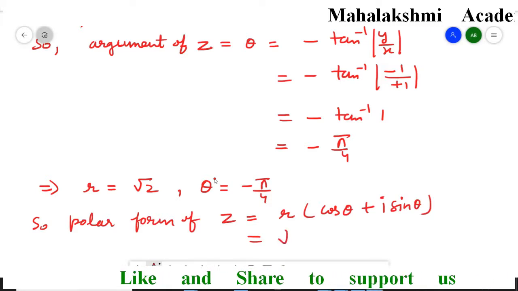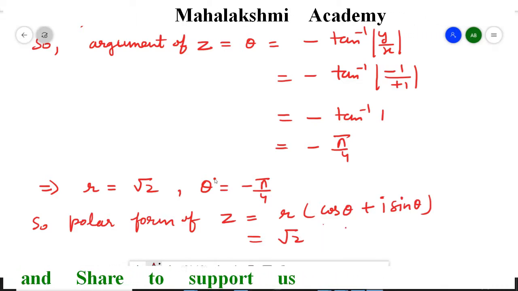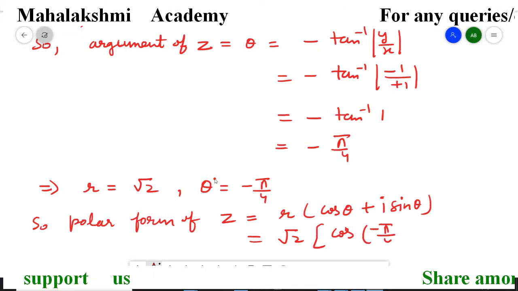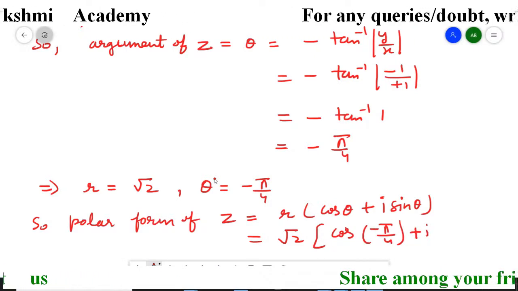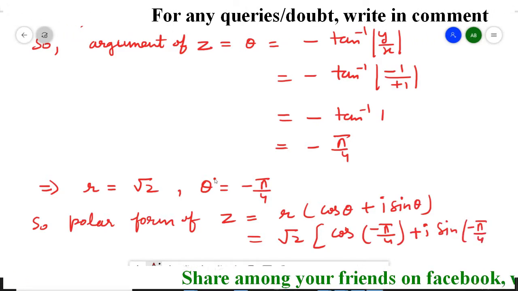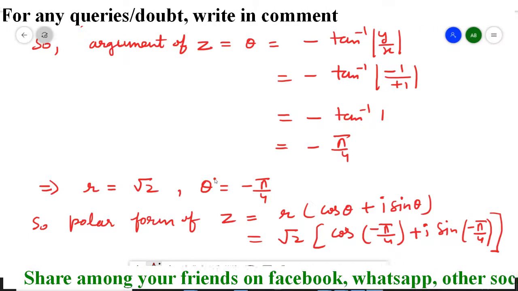So it's going to be root 2 bracket cos minus pi upon 4 plus iota sin minus pi upon 4 bracket close. So this is our answer.